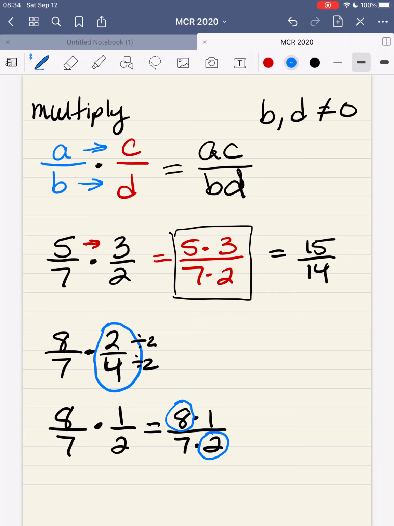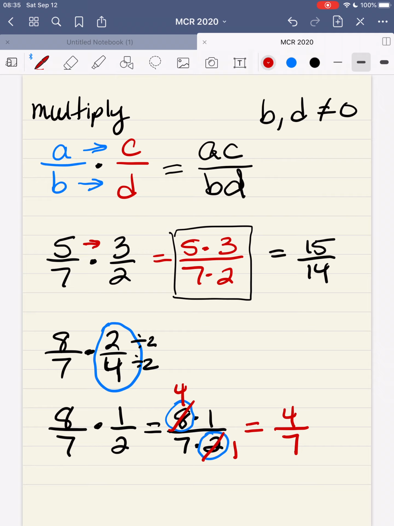And what I'm basically doing is dividing 2 by 2. 2 divided by 2 is 1, so that becomes a 1. 8 divided by 2 is 4, so that becomes a 4. And when I multiply straight across, I have 4 times 1, which is 4, and 7 times 1, which is 7. Okay, of course, this is not the only way it can be done.